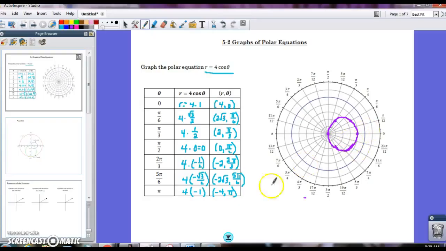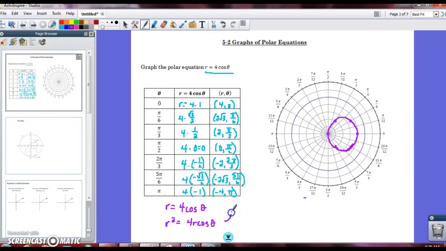If I had, I think I have enough room down here, you could probably do this on your sheet as well, right? If I were to change this from polar coordinates into rectangular coordinates, I could multiply both sides by r. That would give me r squared is equal to 4r cosine theta. Okay, multiply both sides by r.